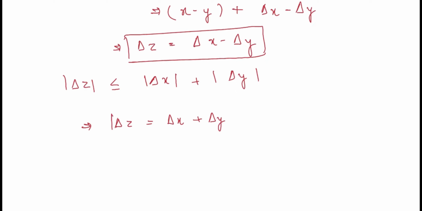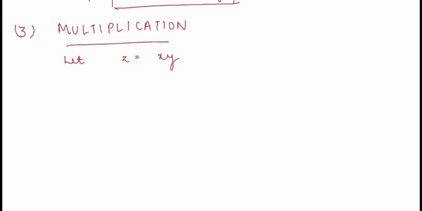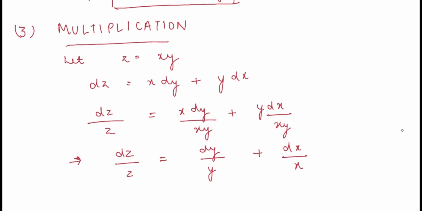Now comes another case, that is multiplication. If we have z equals x into y, we can simply differentiate it and make it dz equals y dx plus x dy. And if I divide it by z equals x into y, we get dz by z equals dy by y plus dx by x.